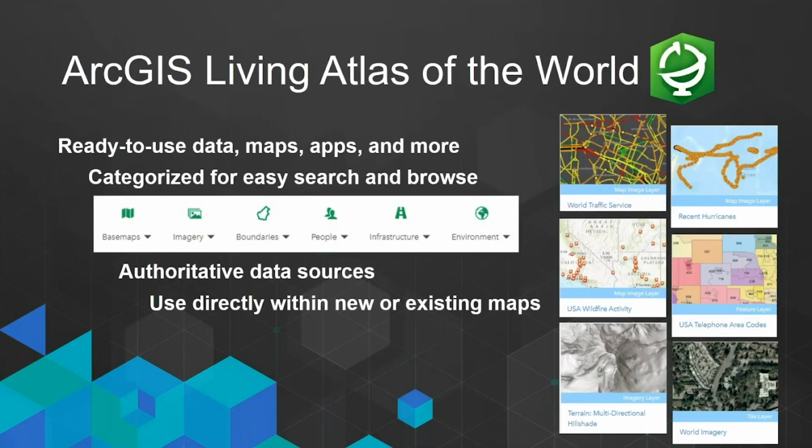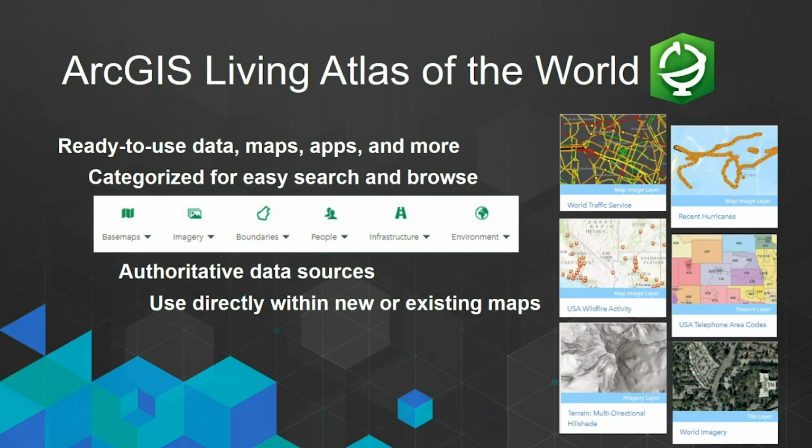So to get started, I'll give you an introduction about what the Living Atlas of the World is. This is a part of the full ArcGIS platform that helps you get started in your GIS workflows by offering you ready-to-use data at your fingertips.